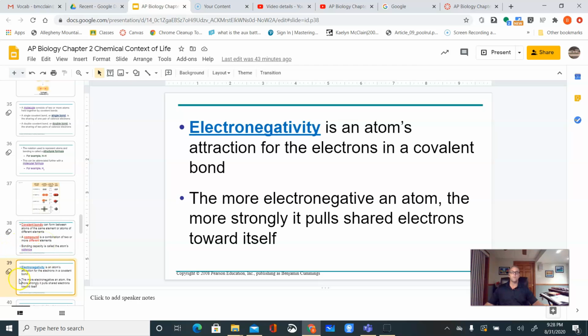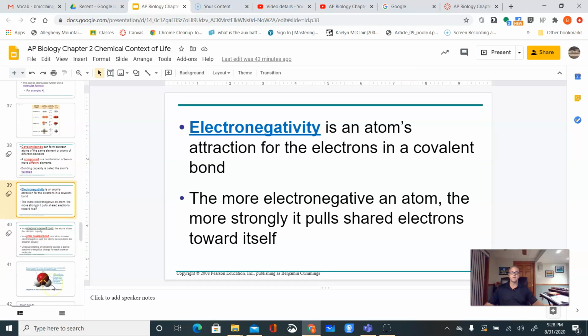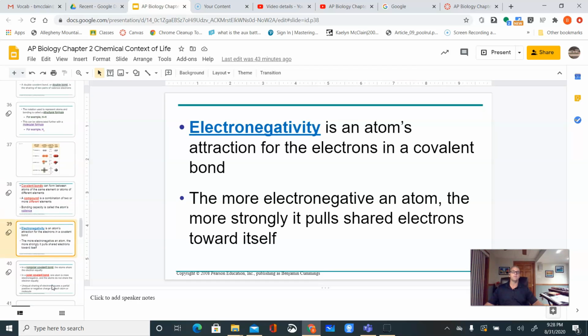Now, one thing that we have to take a look at is how elements really want to grab that electron. Okay, so you have to consider that the elements ideally want to be stable. Not that they have like a personality, but they want to be stable. They want to have their full outer shell configuration, very much like the noble gases.